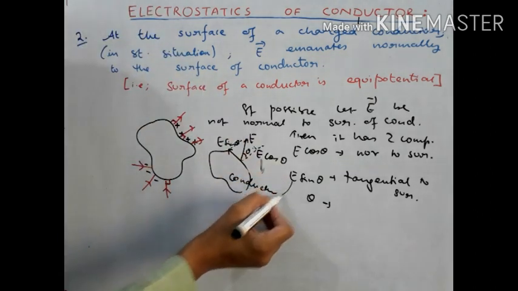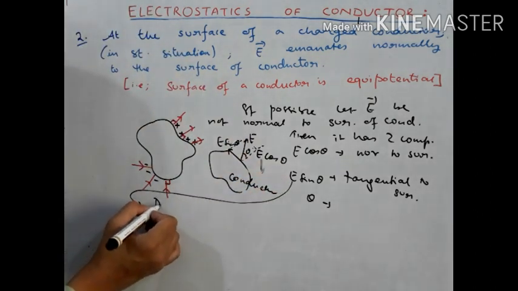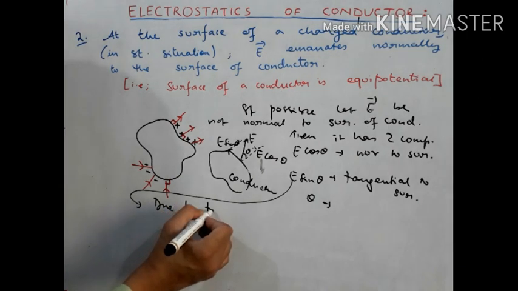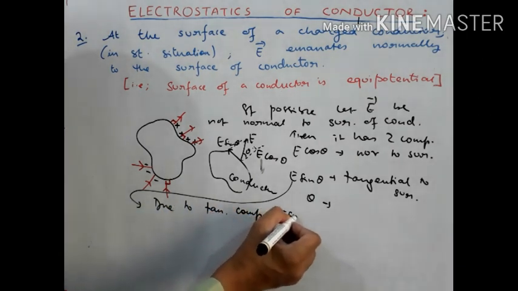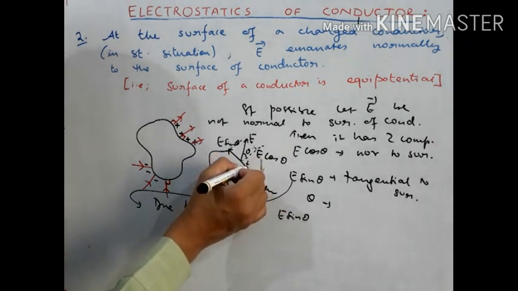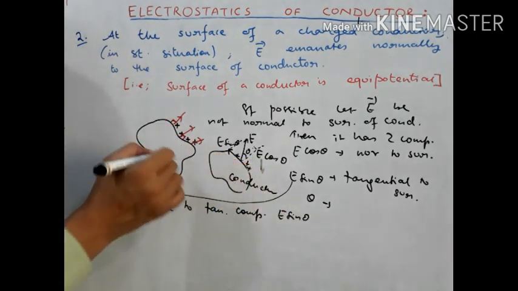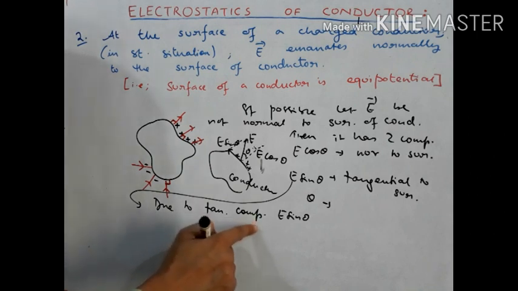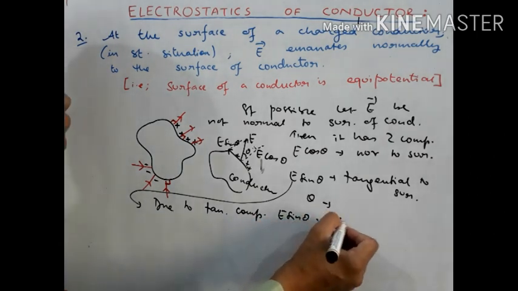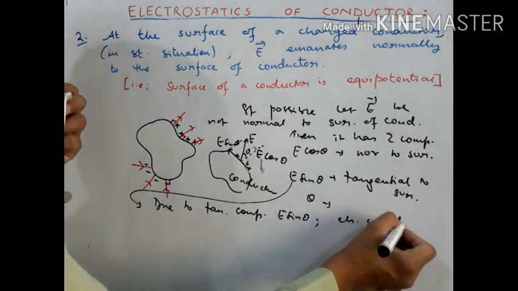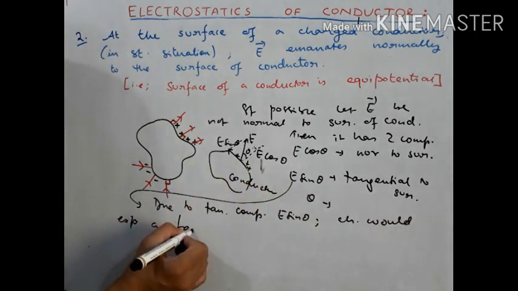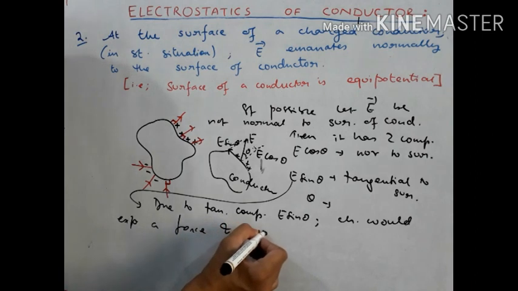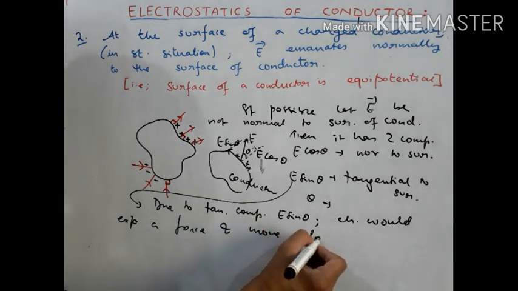If this is so, then due to this tangential component, that is E sin theta, what will happen to the charges? This conductor is charged. So due to this tangential component E sin theta, the charges would experience a force and move along the surface.